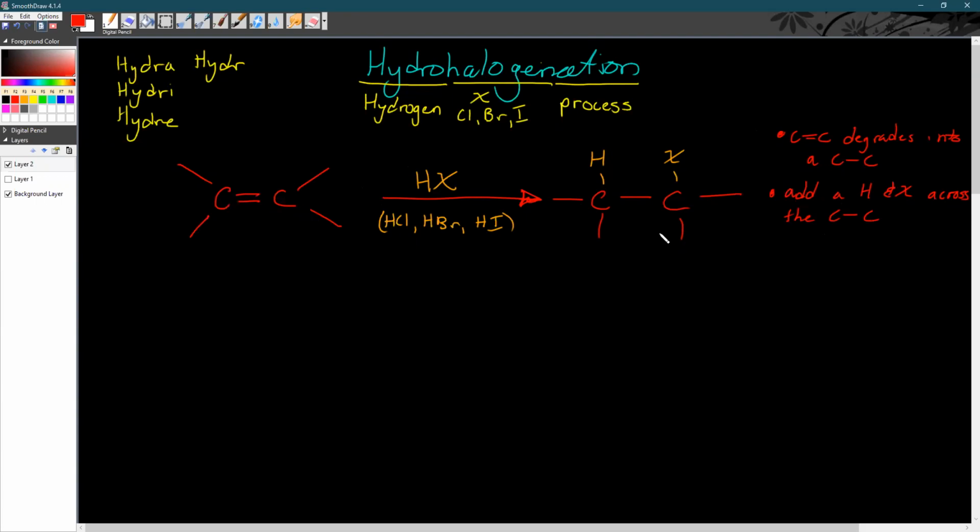The carbon-carbon double bond degraded into a single bond, and we add the halogen and the hydrogen across the carbon-carbon bond. Okay? Some notes about this. All right. First note that I want you to know is the regioselectivity. So which carbon gets what group is Markovnikov.